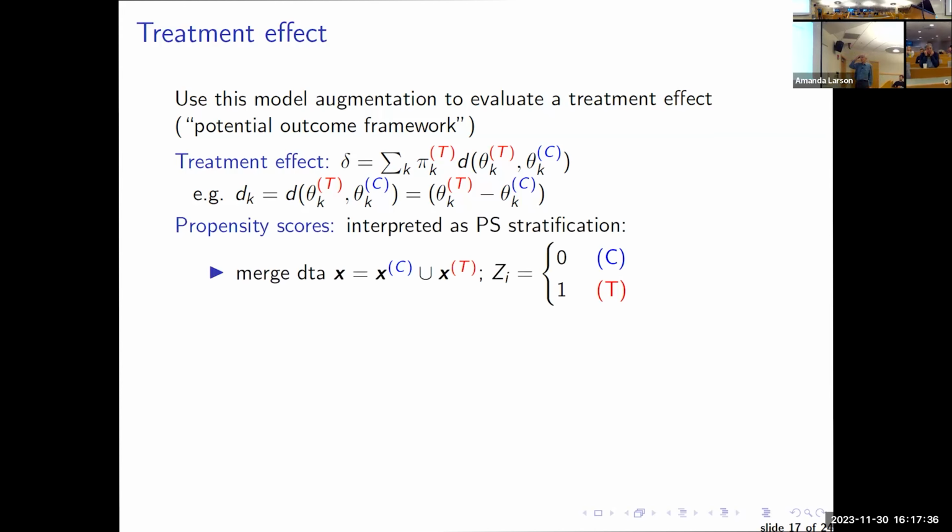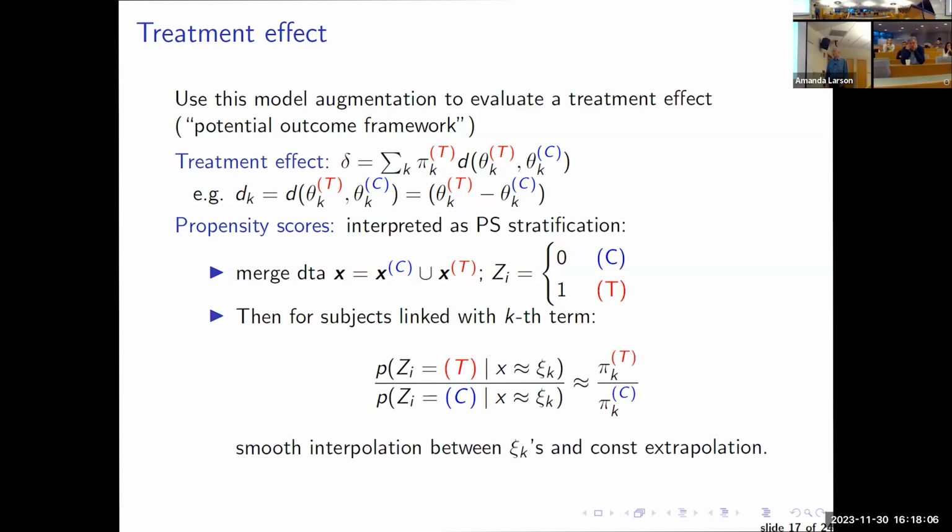Funnily enough, there's a nice interpretation once you have that mixture model set up, in terms of propensity scores. So let's again do the exercise of merging the data sets and create one merged data set, and again a latent indicator that tells for every unit in the merged data set whether the patient was originally a red patient or a blue patient.